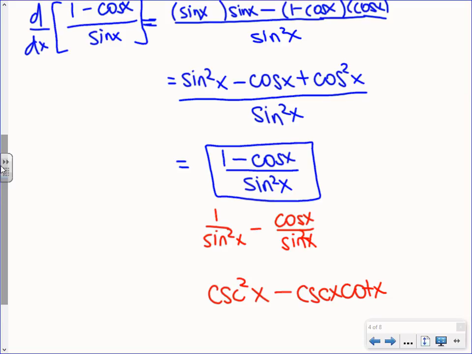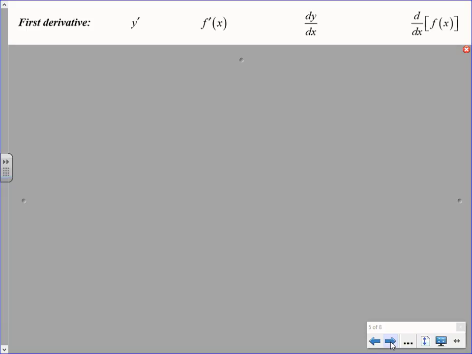Okay. This is where it gets fun. Okay, so our first derivative, I haven't been calling it that, but it's called the first derivative because there's more than one kind of derivative. Okay, this has been our notation, y prime or f prime of x or dy dx. Okay, we can take the derivative over and over and over again.